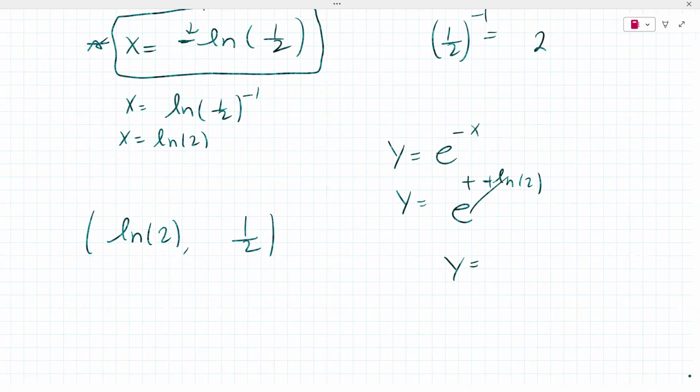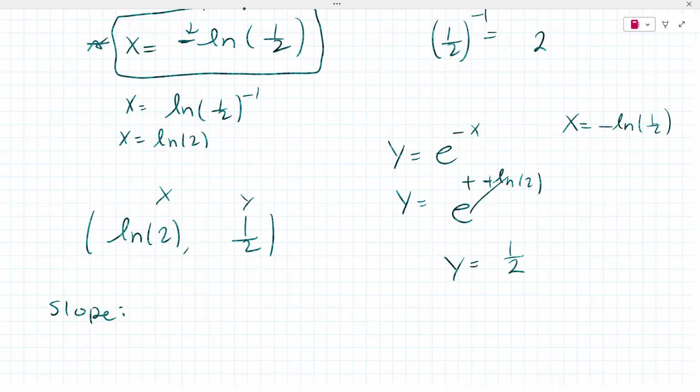You could have used ln of 2, or you could have also used x equals negative ln 1/2. Either way, you're going to get a y value of positive 1/2. Okay, so that's how I got my y coordinate. This is my x. Now we just got to find the slope.